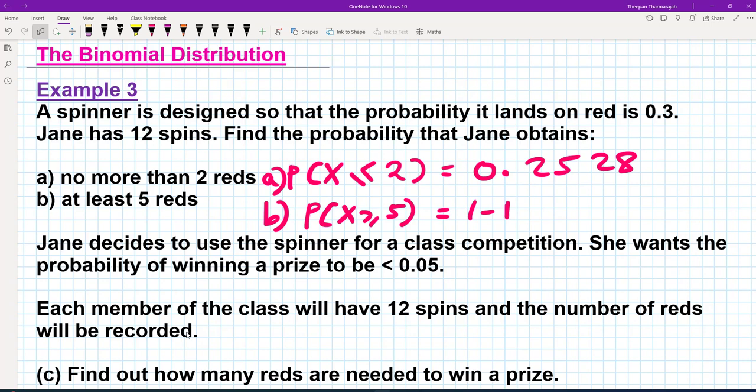thing as 1 minus the probability that x is less than or equal to 4, which is 1 minus.